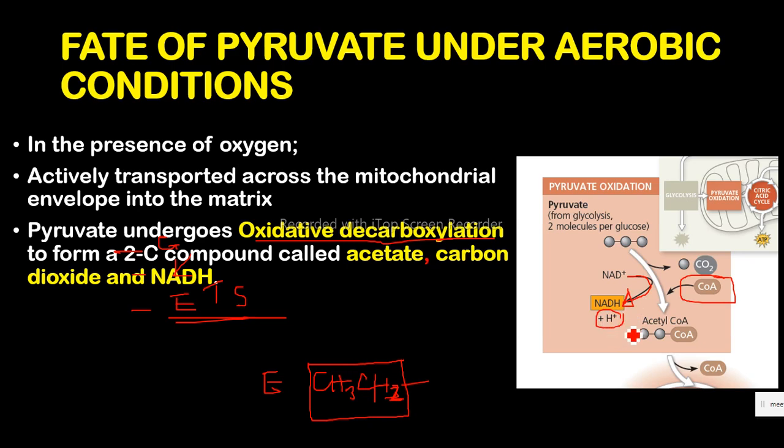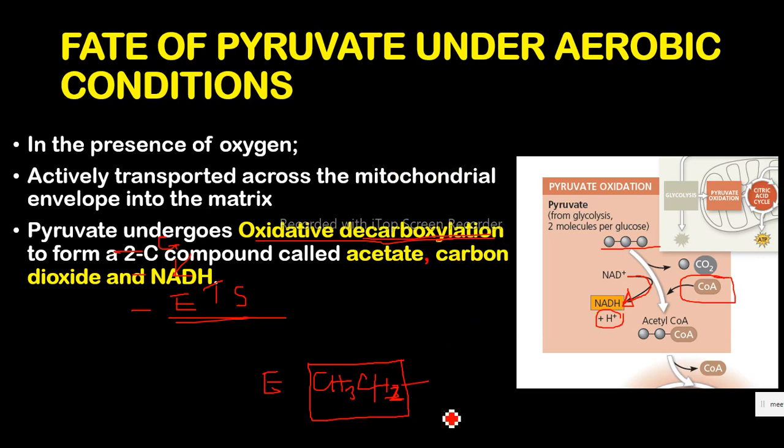At the same time, you are removing electrons from pyruvic acid, and you are also removing hydrogen from pyruvic acid. So that is an oxidation reaction. Now it is decarboxylation because you are removing a carboxyl group.